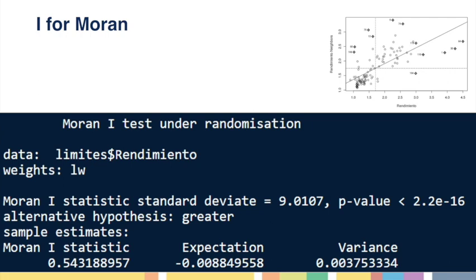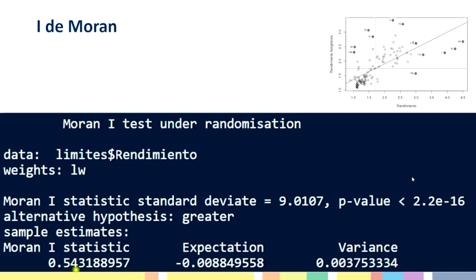And this is an example of the result of the calculation of Moran's I in R. So I have this data, and I use the function for calculating Moran's I, and right here it is like 0.54. This is a very strong, positive correlation, and that demonstrates that the data is not random.